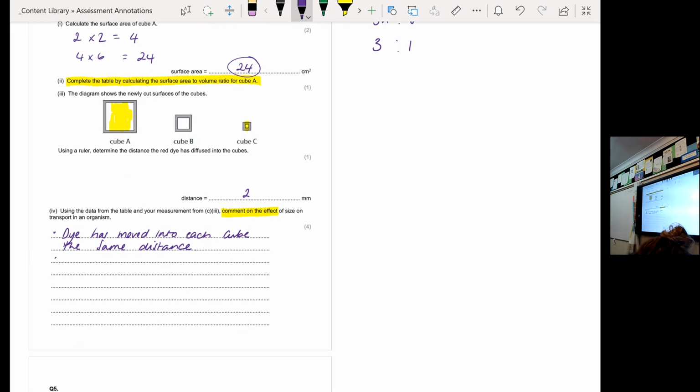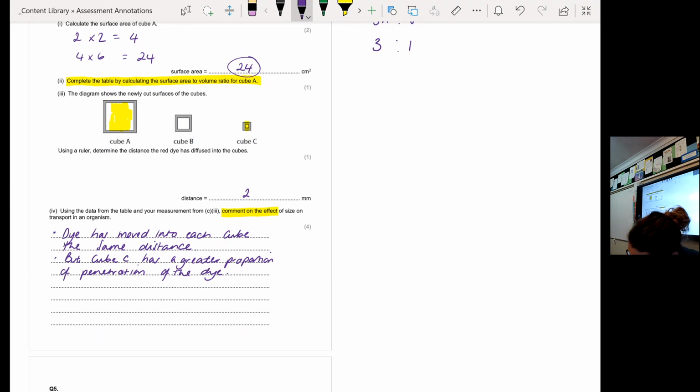So I can say, but cube C has a greater proportion of penetration by the dye. I know that's not a nice word to use, but that is what has happened. The dye has moved in further because it's a smaller cube.